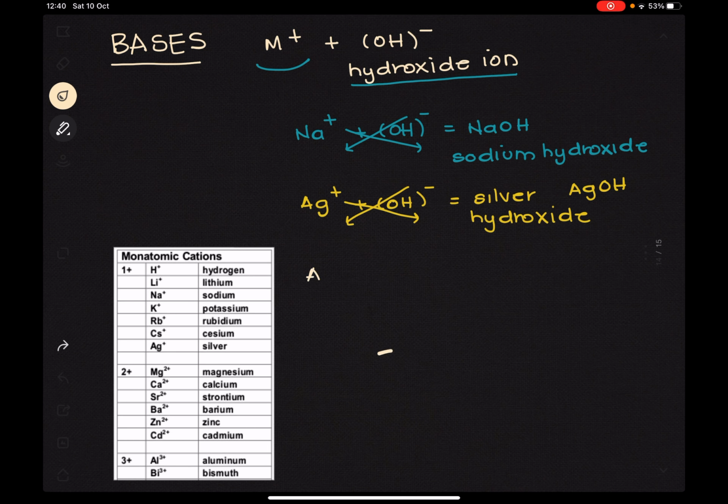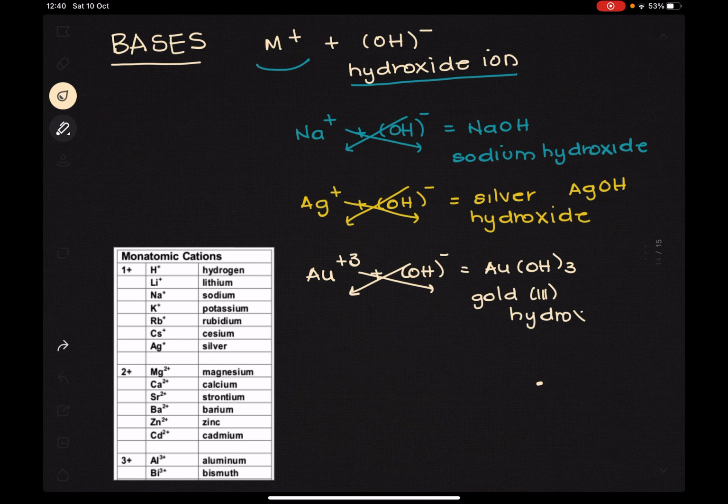Gold can either work with a 1 or a 3. So if I have gold 3 plus OH minus, I cross my charges, so I have Au(OH)3. Because gold works with a variable charge, the name of it needs to identify that. So I have gold 3 hydroxide.